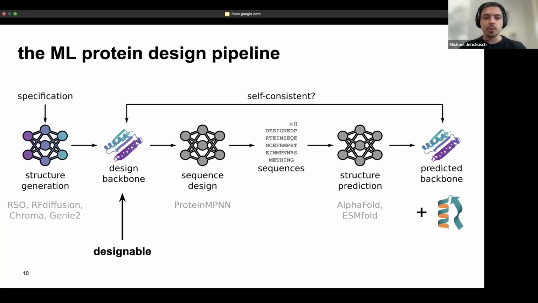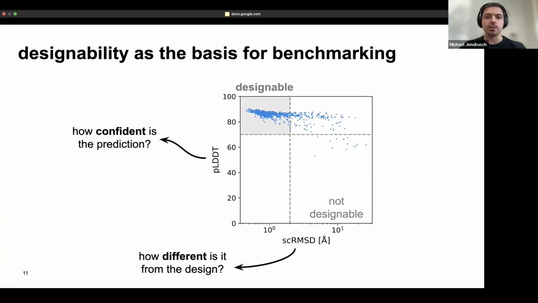And if so, we call a backbone that came out of the structure generator designable. Optionally, we might use Rosetta or other physics-based tools as additional filters for designability, but in most cases, it's always ProteinMPNN design and then AlphaFold or ESMFold scoring on self-consistency and confidence.